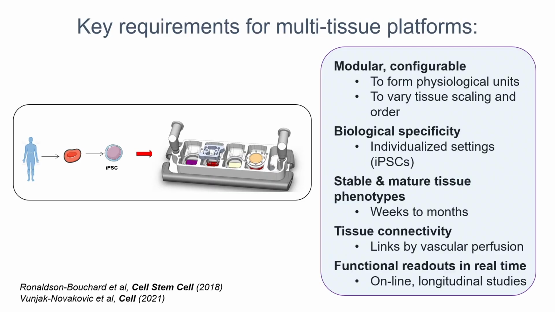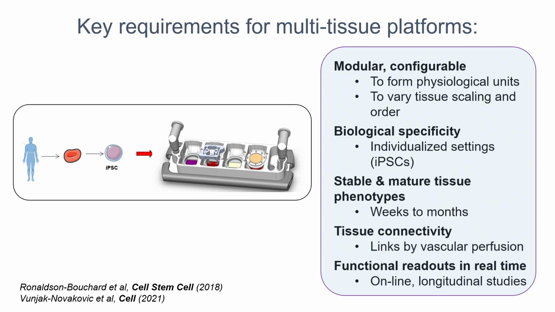So these were the individual tissues. So let me now talk a little bit about combining these tissues into physiological units. This image is actually from 12 years ago when we started to respond to the requests of NIH and other funders to develop something that pharma can use.